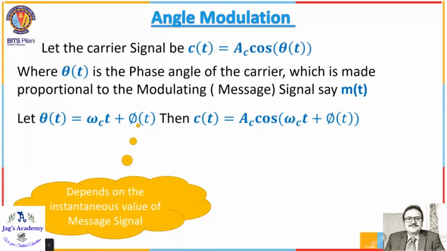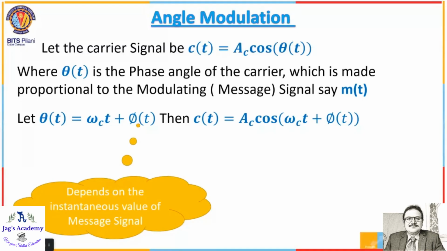Now when you modulate it, your effective phase angle is equal to omega ct plus phi of t. The phase change happening with respect to your omega ct is what is actually proportional to the message signal. Try to understand this.